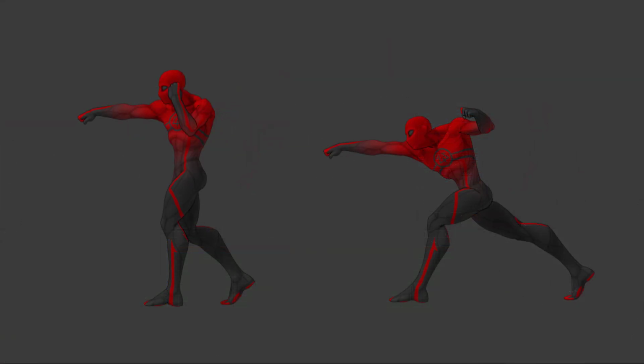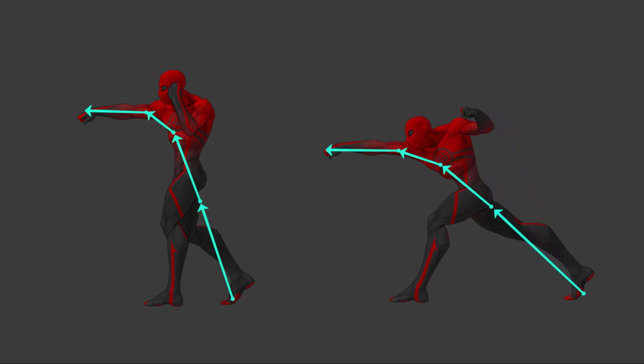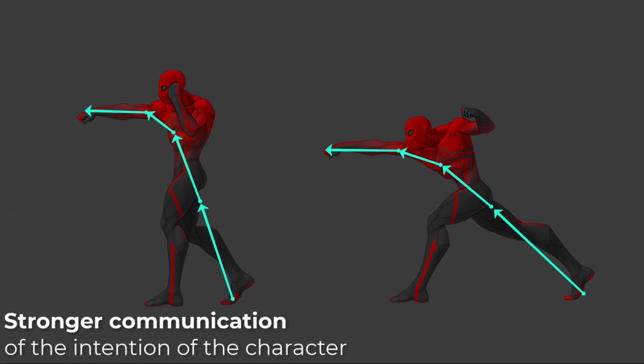If we now compare both poses, we have similarities. On both poses, our character is punching, and while the line of action on the first character is clear, by pushing the line of action forward toward the punch, we are making the idea that our character is punching way more obvious. We are exaggerating it.